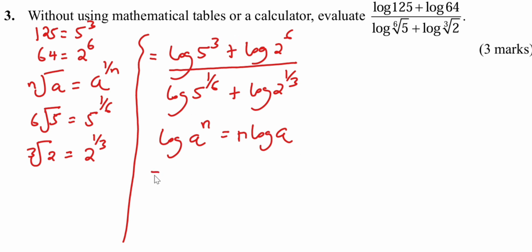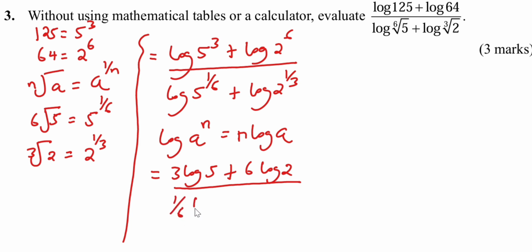So this is, I bring the 3 behind the log, so this becomes 3 log of 5 plus, on this other side, I bring the 6, so this is 6 log of 2 divided by, here I can bring the powers behind, so this is 1 over 6 log of 5 plus 1 over 3 log of 2.